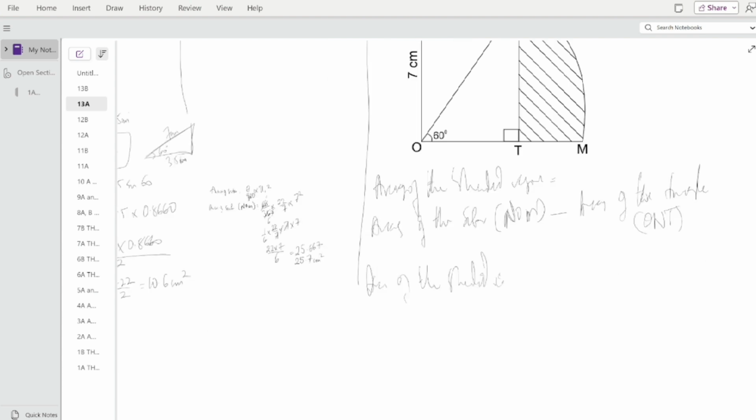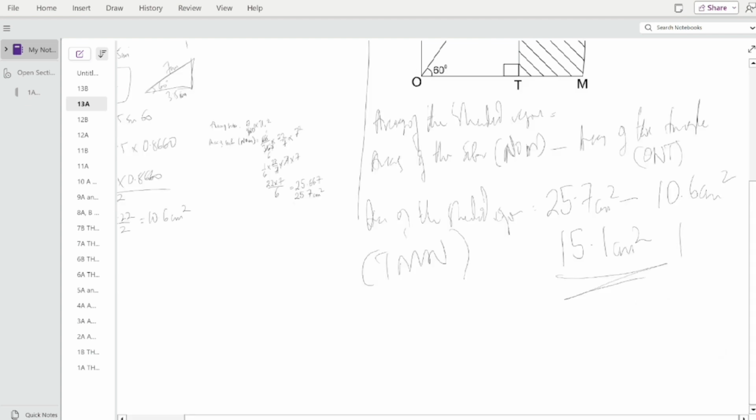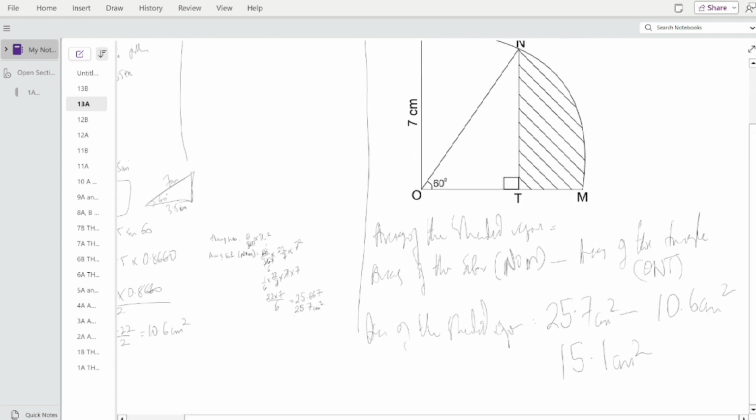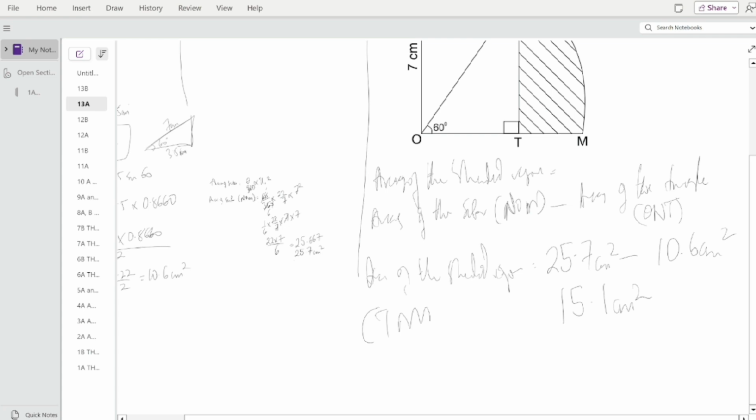Area of the shaded region is equal to the area of the sector, 25.7 centimeters squared, minus the area of the triangle, 10.6 centimeters squared. We therefore have 25.7 minus 10.6. It gives us 15.1 centimeters squared to one decimal place, as the area of the shaded region TMN.